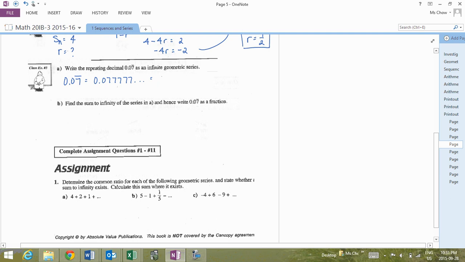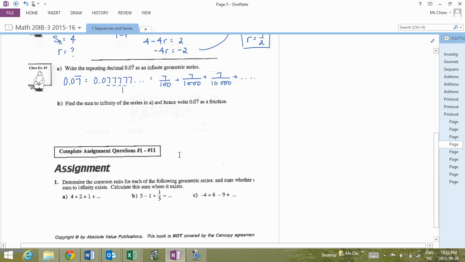We are looking at 7 hundredths, plus 7 thousandths, plus 7 ten-thousandths, plus, and that just goes on, right? Because this is our hundredths, 7 thousandths, 7 ten-thousandths, and so on.